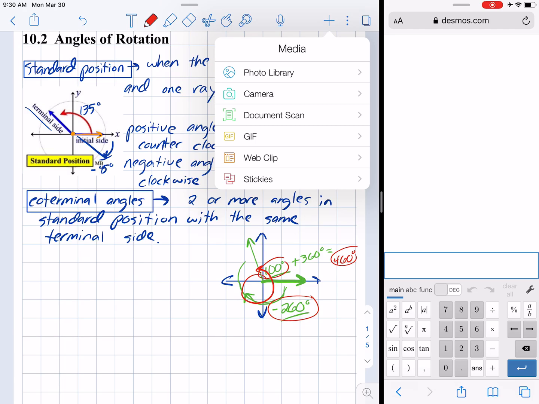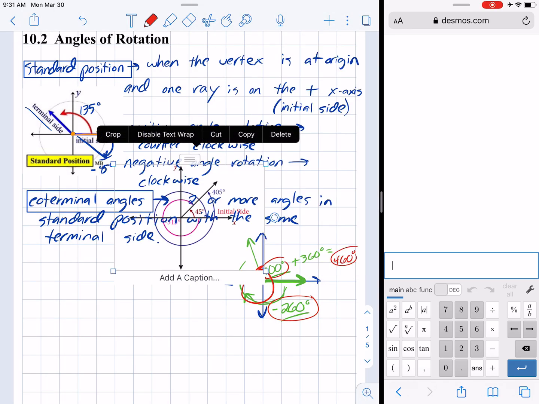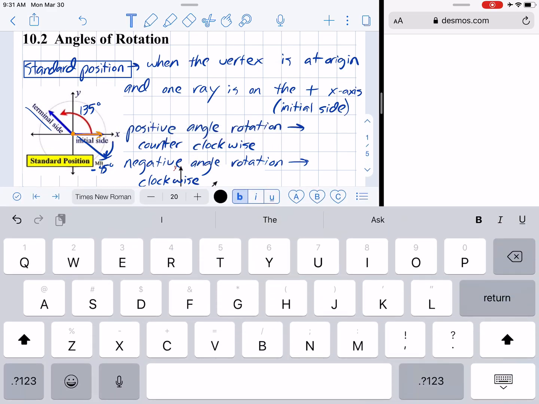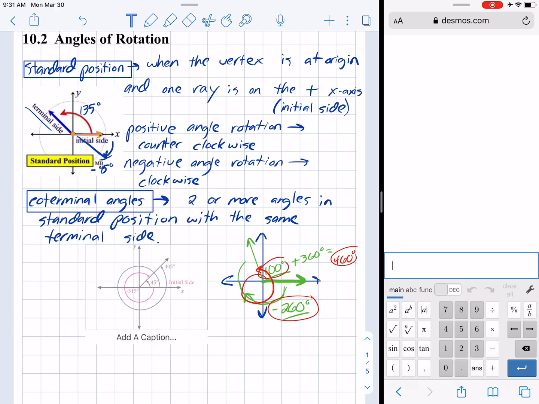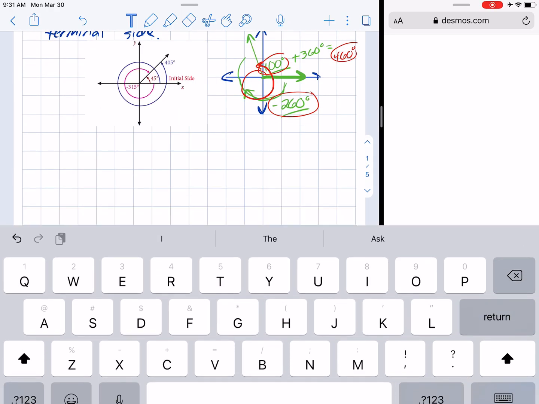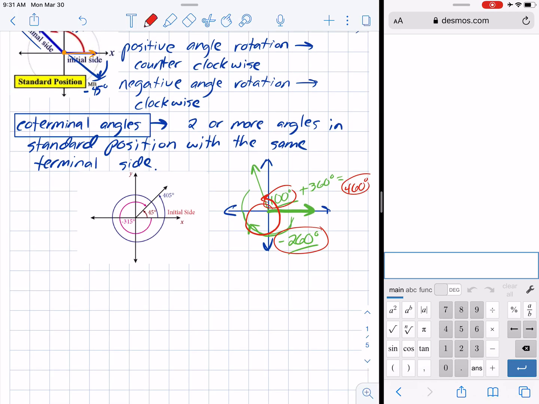So I also want to put a picture on here so you guys can see another example of coterminal angles. And this example, just like the one I used, is rotating in the beginning 45, and then you could rotate a full circle in another 45, so 360 plus 45 gets you your 405 degrees, or just going in the negative direction, which would be negative 315 degrees.